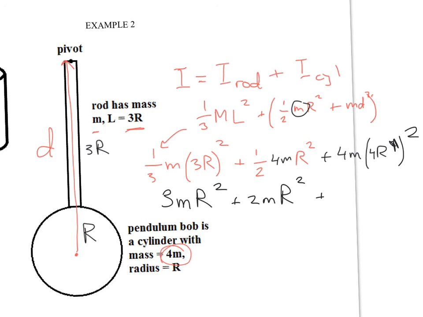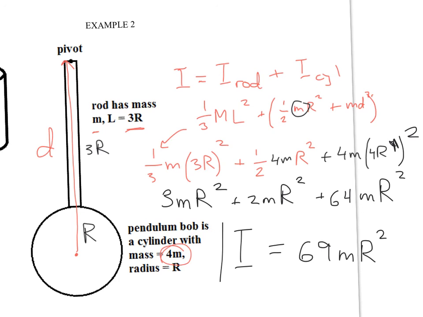So 4 squared, 16, times 4, 64 mr squared. That means the total moment of inertia is 3 plus 2 is 5, plus 64 is 69 mr squared. That's a whole lot of inertia.